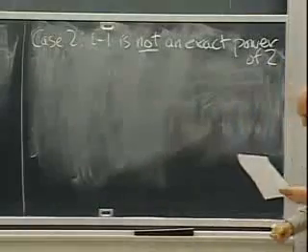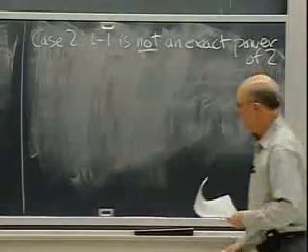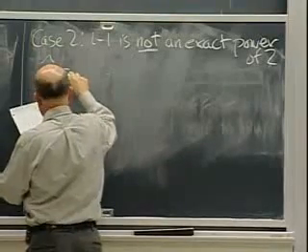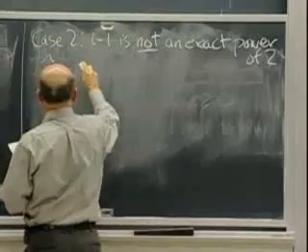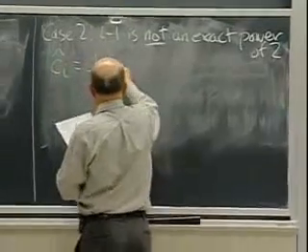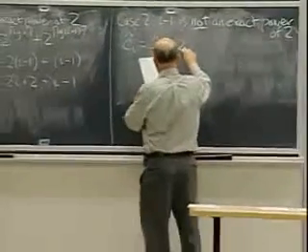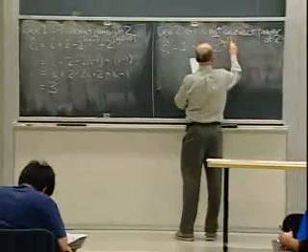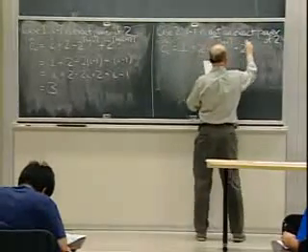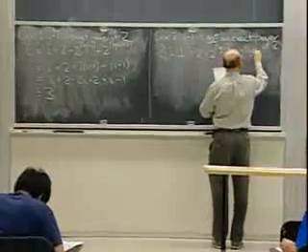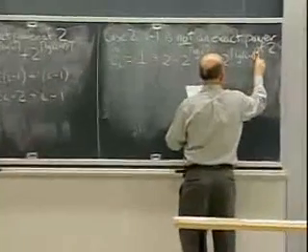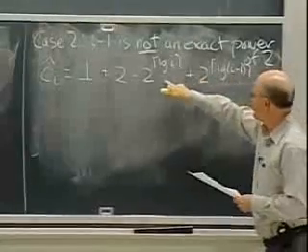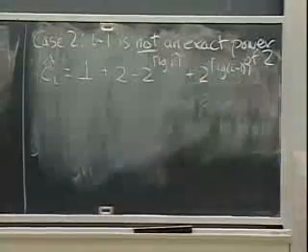Okay, i minus 1 is not an exact power of 2. So then we have C_i hat is equal to, now instead of i, it's 1 plus 2 minus 2 to the ceiling of log i plus 2 to the ceiling of log of i minus 1. Now what can somebody tell me about these two terms in the case where i minus 1 is not an exact power of 2?